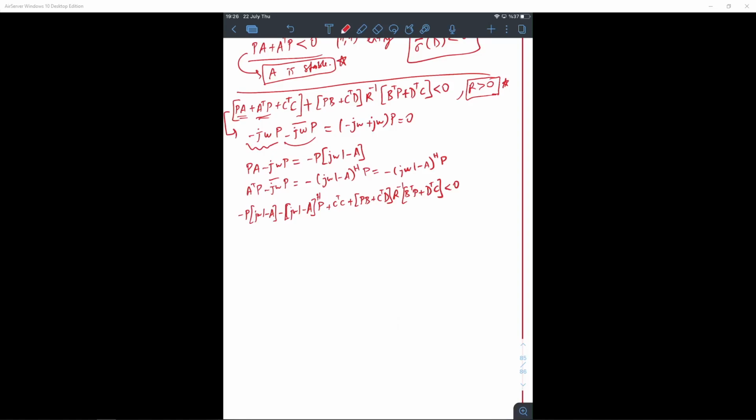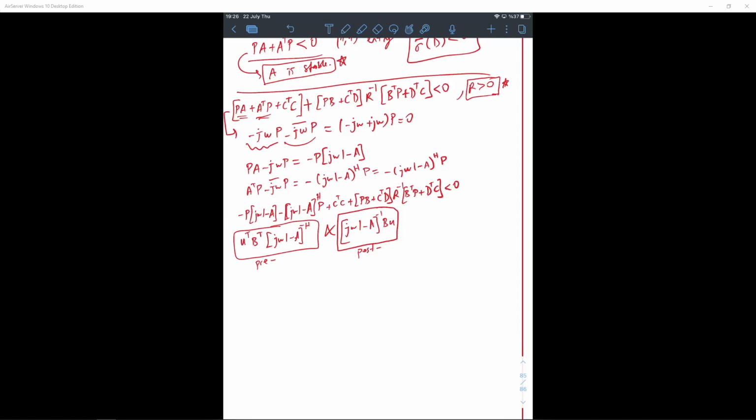What I'm going to do now is pre-multiply by U transpose B transpose j omega identity minus A minus Hermitian, and post multiply by j omega identity minus A inverse BU.